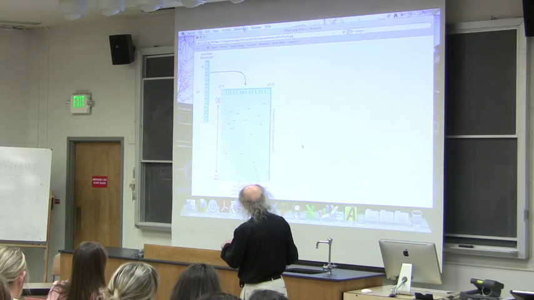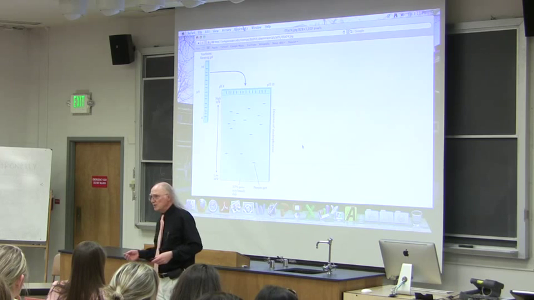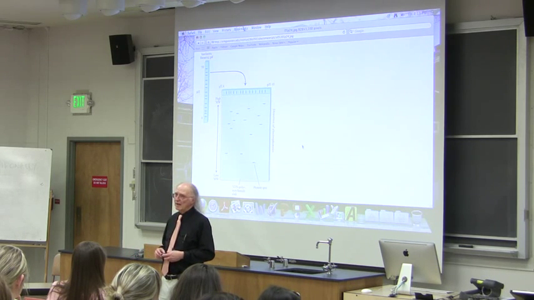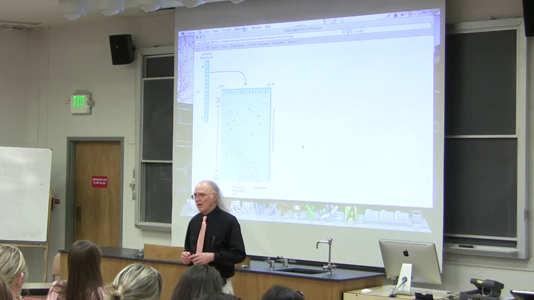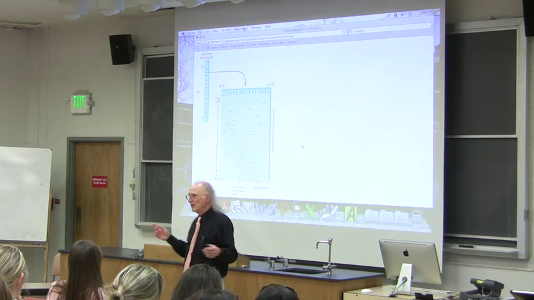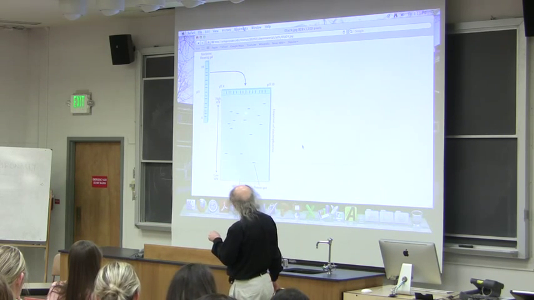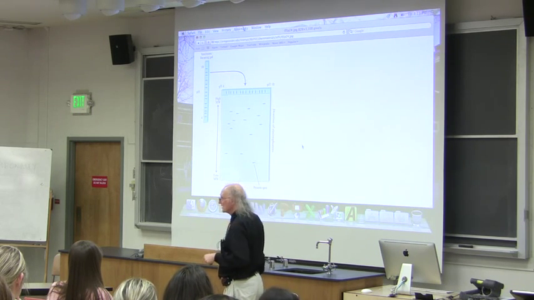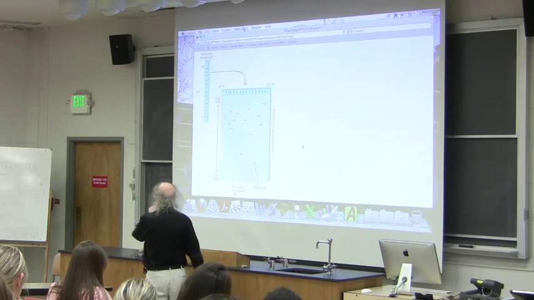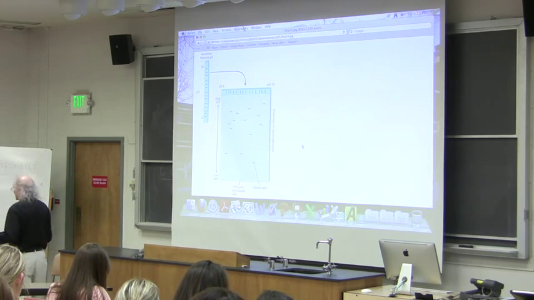And on the other gel over here, instead of using my skin cells, I took cells from a skin tumor that I have. And I separated them in the same way. Oh, I got something cool. Because now I can compare these two gels, and I can say, look, this spot over here is present in the normal cells. It's not present in the tumor cells. And look, this protein over here is in the tumor cells, and it's not in the regular cells.